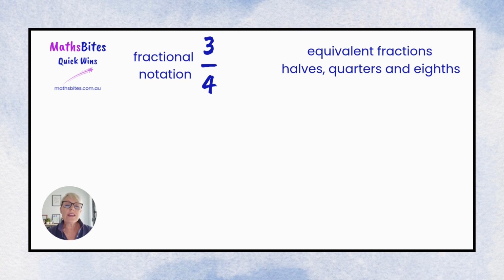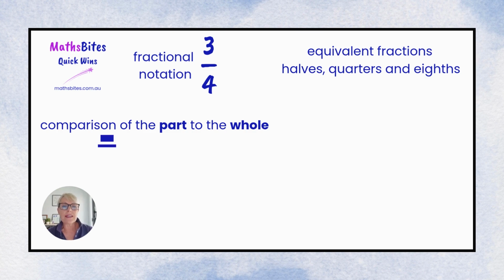Next, a lot of kids tend to view fractions as two unrelated whole numbers. So rather than defining a fraction using the notation, fractions should be viewed as a comparison of the part, the fractional part, to the whole. By working out how many pieces, such as quarters or fifths, are needed to recreate the whole, this highlights the relationship between the numerator and the denominator.